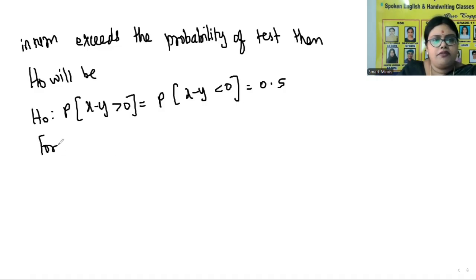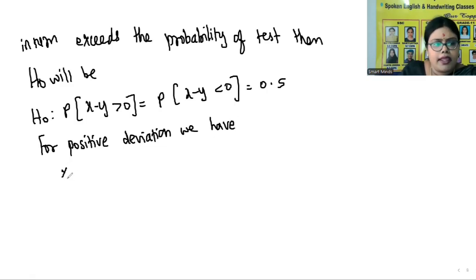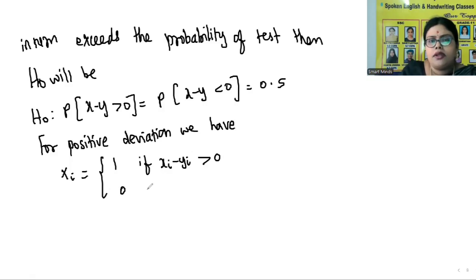Now for positive deviation, we have xi is equal to 1 if xi minus yi is greater than 0, and 0 if xi minus yi is less than 0.